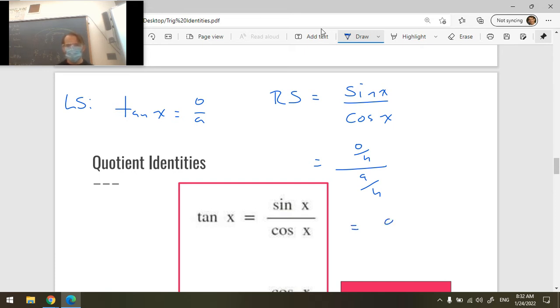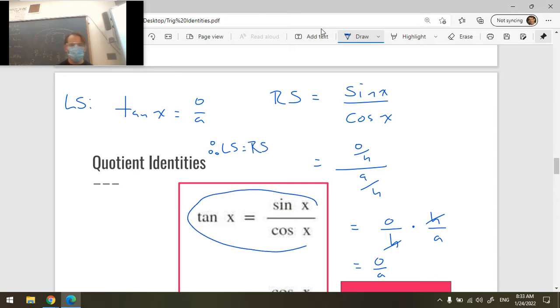So that's equal to opposite over hypotenuse multiplied by hypotenuse over adjacent. Notice that the hypotenuses cancel, and we get opposite over adjacent. Therefore left side equals right side. So that proves that this is true for all angles x.